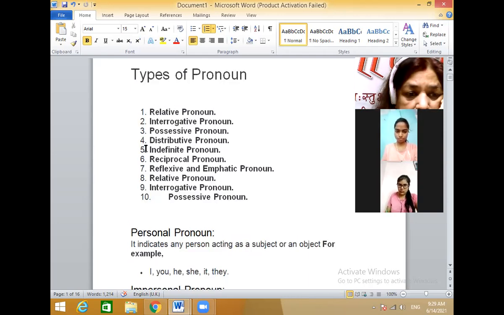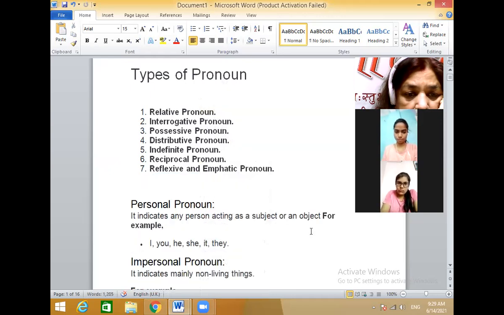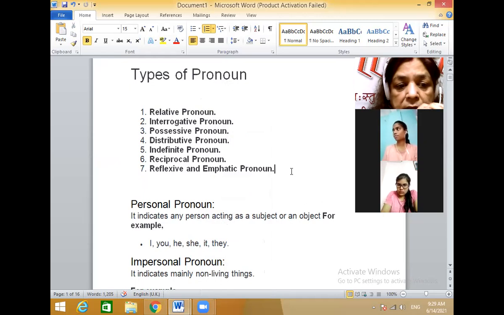Now this is a summary, the summary repetitions. Relative, interrogative, possessive. So, let us discuss personal pronoun.